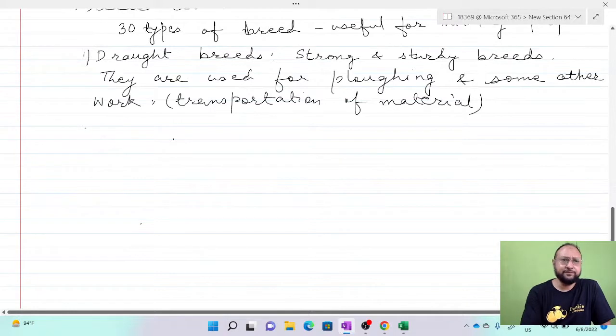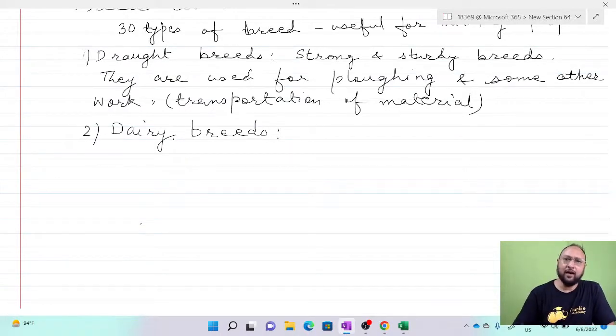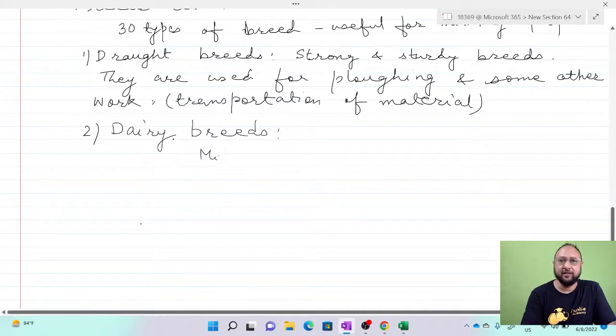Now another is the dairy breeds. By dairy breeds, we mean dairy farming. These are the breeds for milking, the milk yielding breeds.